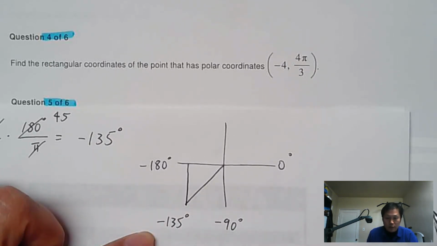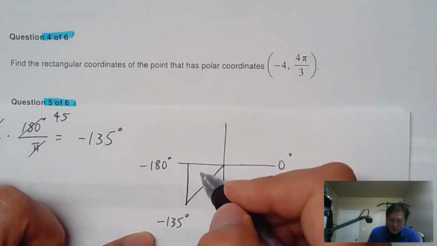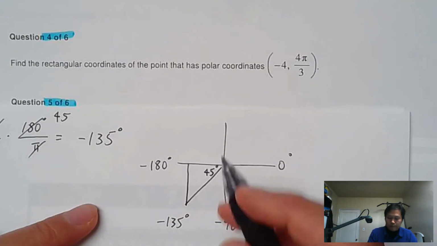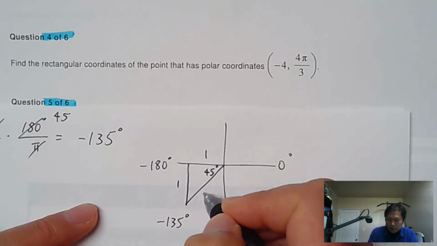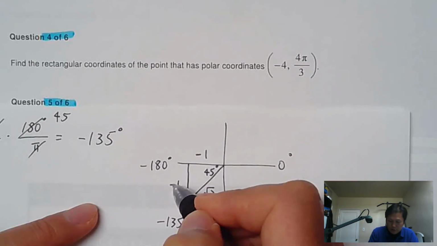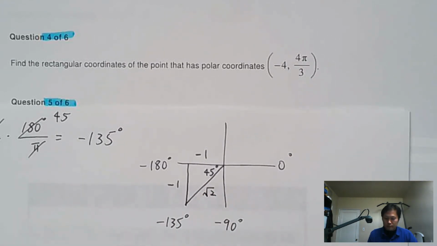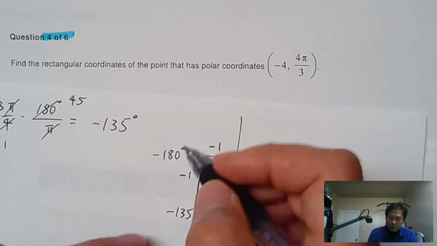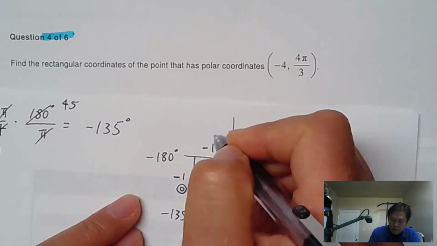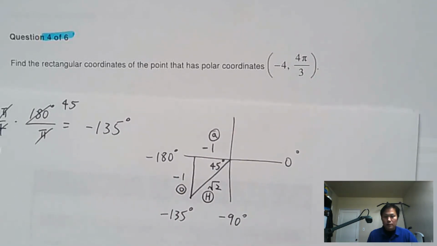You will either get 45 or minus 45. The reference angle is always positive, so it should be 45 here. 1 here, square root of 2. Be very careful. This should be minus again, this should be minus again. Then you can apply SOH CAH TOA, opposite here, hypotenuse here, adjacent here.